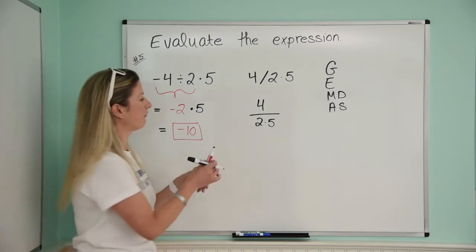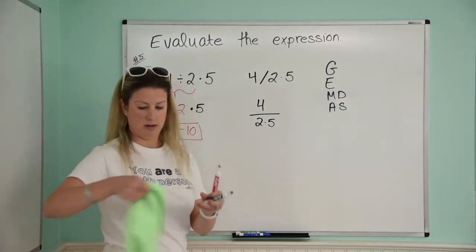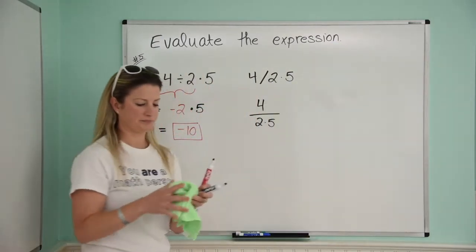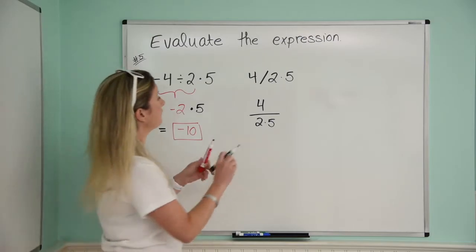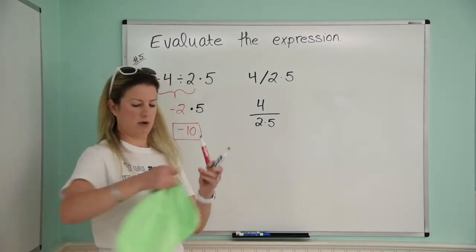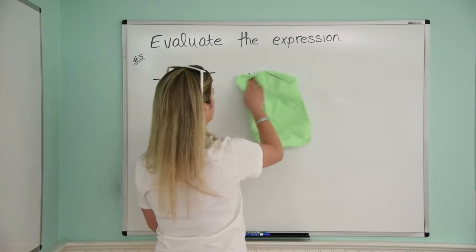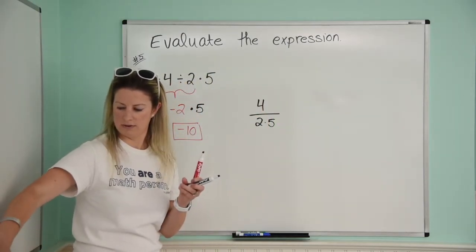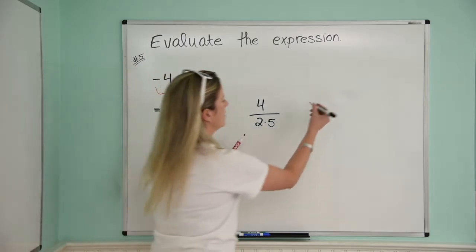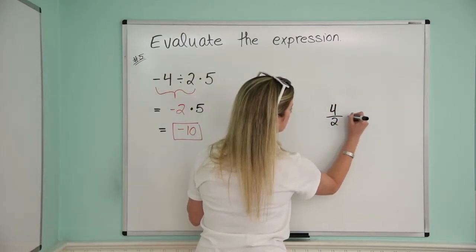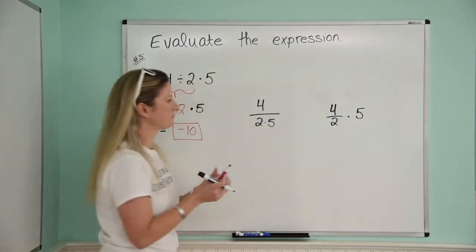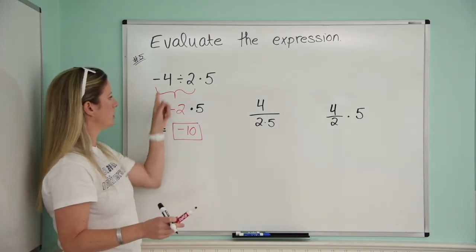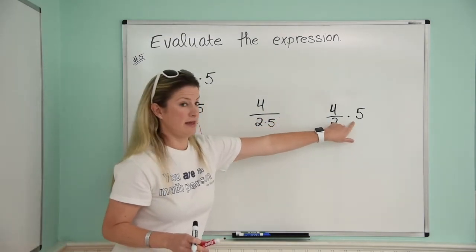Because that's very different than, for example, let me erase the GEMDAS here. Okay. That's very different, for example. Actually, I'm just going to get this out of the way too. I don't want somebody coming in here and asking what that is written for. They didn't see the beginning of the video. Okay, 4 divided by 2 times 5. So you can see the difference there. If we are following a strict order of operations, this goes first and then that, right?